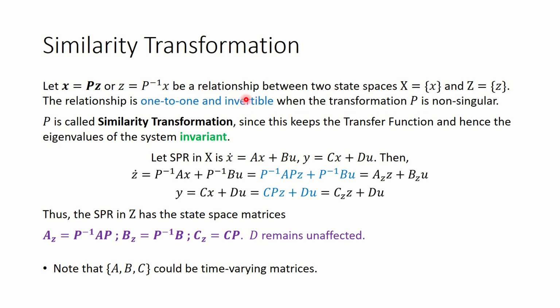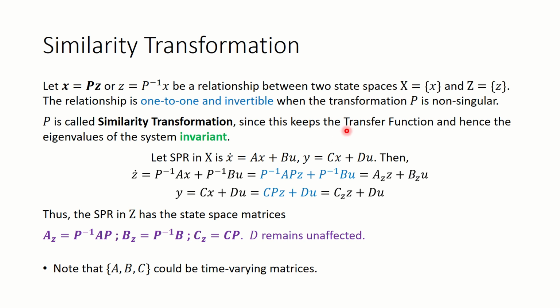So what we are actually doing, we are seeing a relationship between the two state spaces X and Z. The state spaces are denoted by these capital letters. What is a state space?